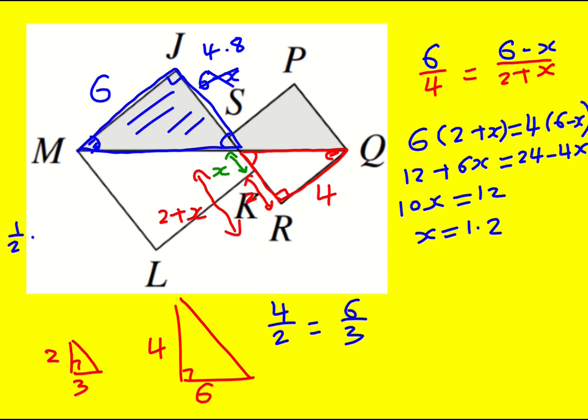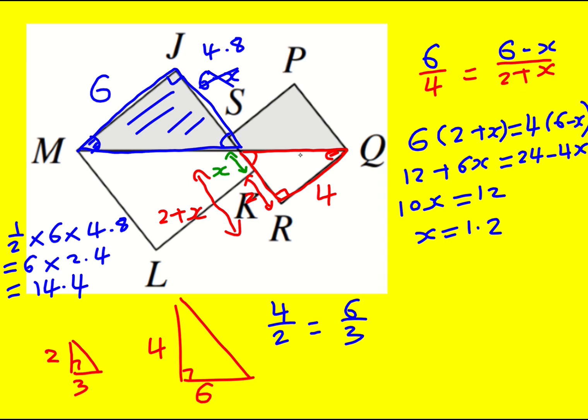It's going to be a half times the base times the height, so 6 times 4.8. I'm going to do 6 times 2.4 because that's a bit easier, halving the 4.8. So I'm going to get 12 plus 2.4, which is 14.4. That is the area of this triangle.